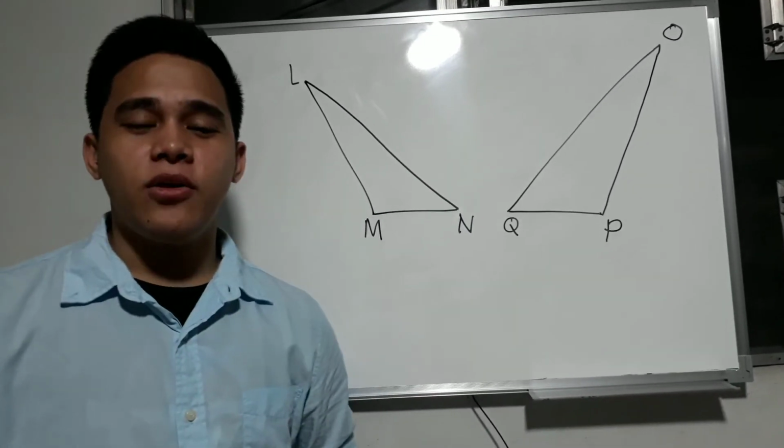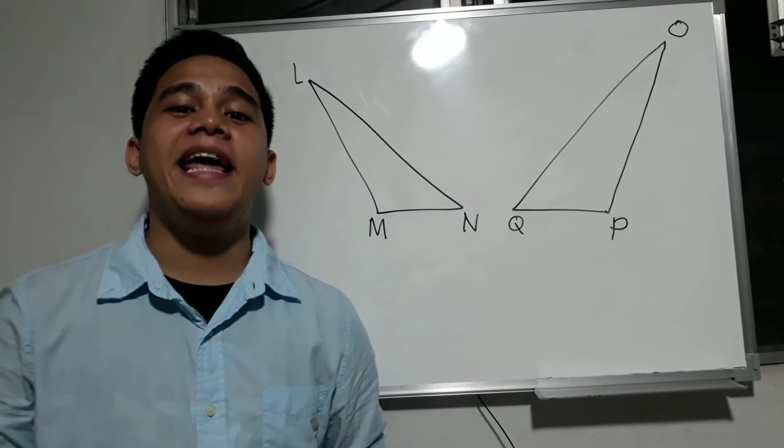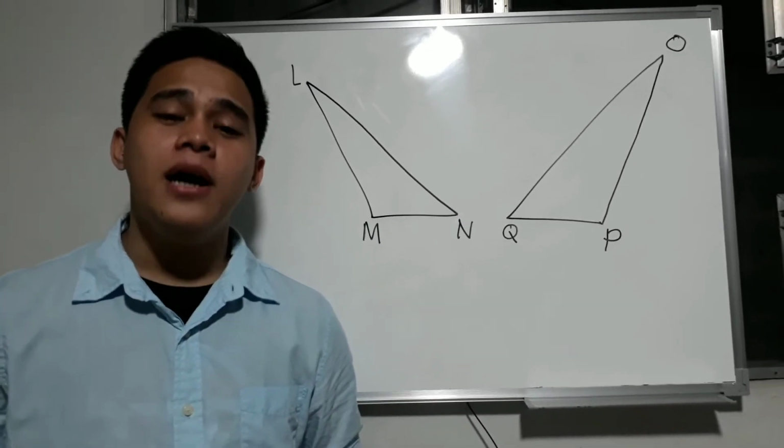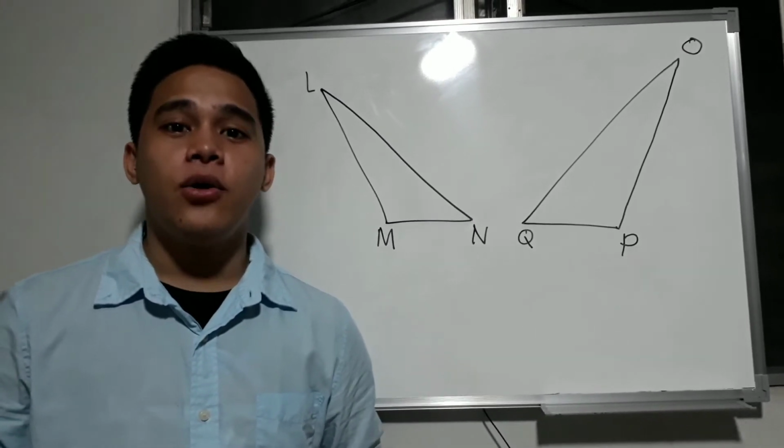The fourth postulate on triangle congruence is the angle-angle-side congruence, or simply known as AAS congruence.